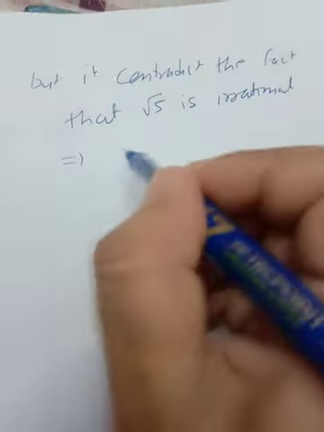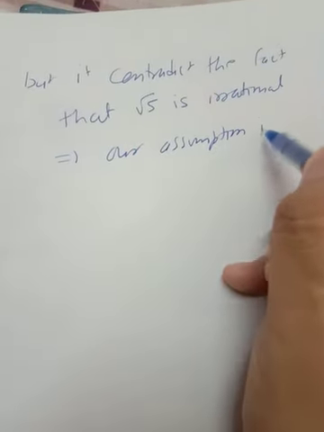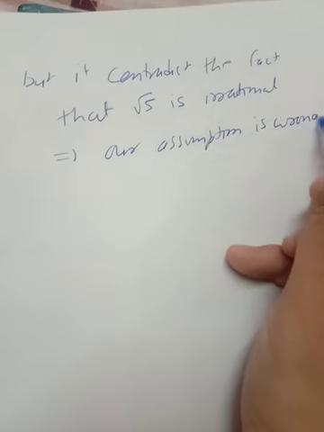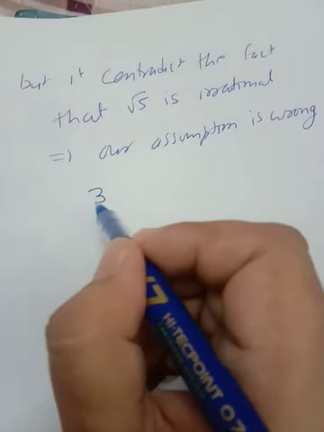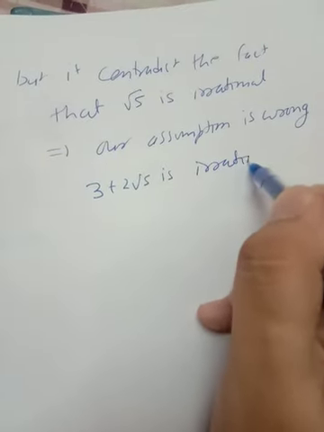So our assumption is wrong. Your 3 plus 2 root 5 is irrational.